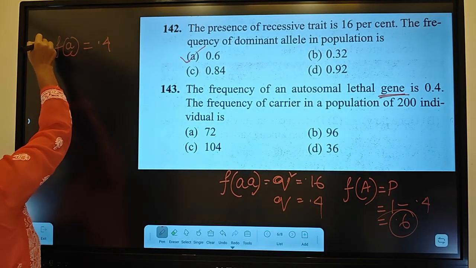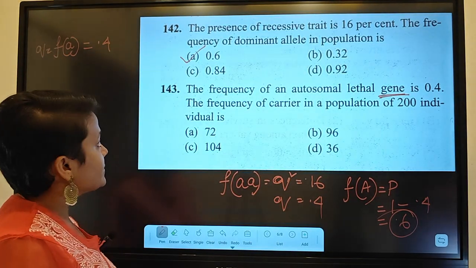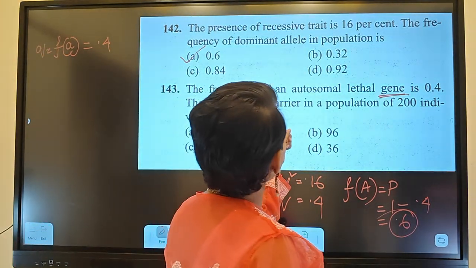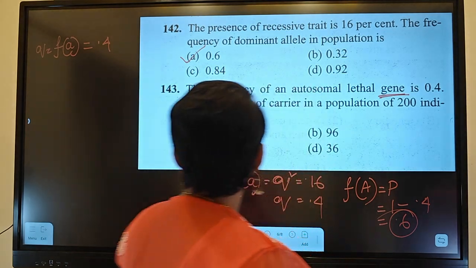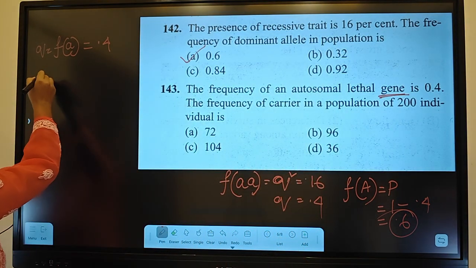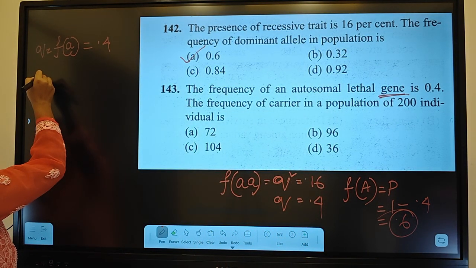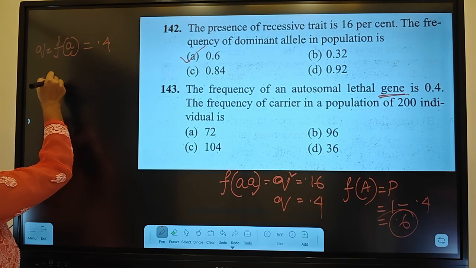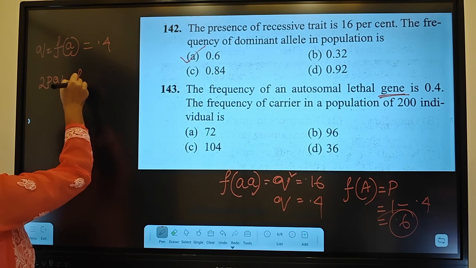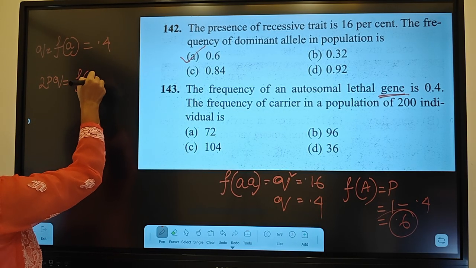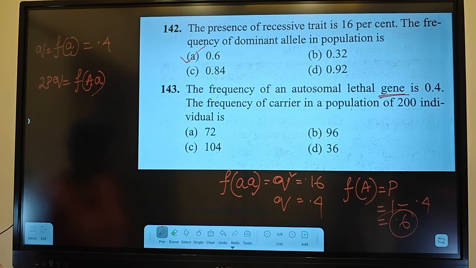That means it is nothing but Q, right? Frequency of carriers in a population: what do we have to find out? 2pq, because it is the heterozygous. They are carriers, right?